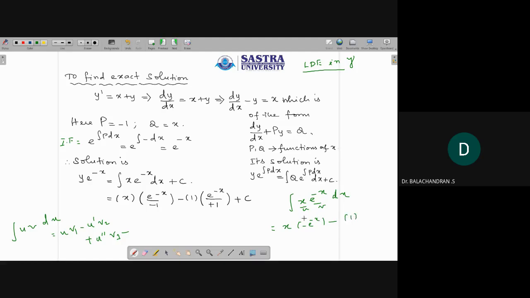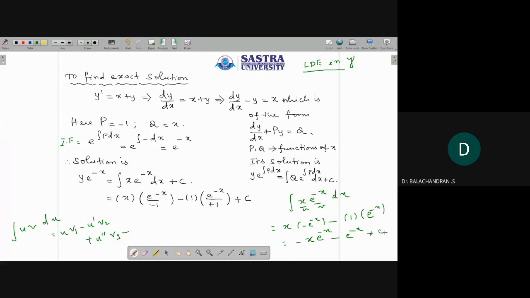You should integrate e power minus x including this minus sign. Then you get minus of e power minus x into minus 1, so plus. So minus x into e power minus x minus e power minus x, plus c.